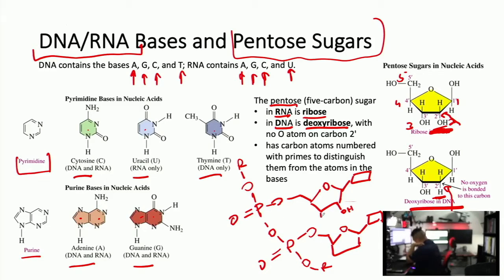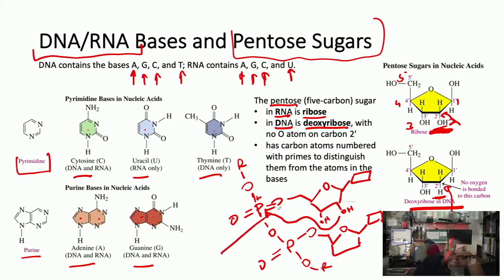It makes it so that this OH is in the perfect position to do a nucleophilic attack on that phosphorus right there, which is actually charged, by the way. It's got a plus sign on it. All right? And when it does that, it actually breaks the phosphodiester bond.